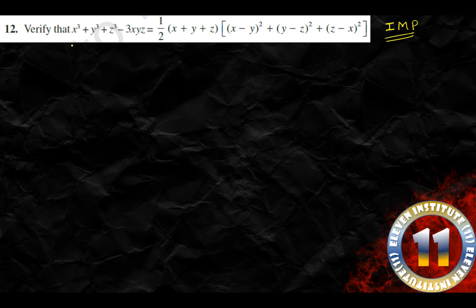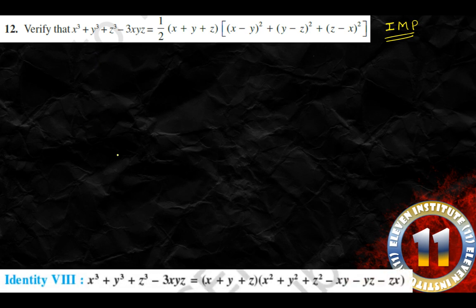So we have to prove that x cube plus y cube plus z cube minus 3xyz is equal to this much. Right, now the right side is not familiar to us, but this left side is definitely familiar to us because we know that this is part of some identity. Right, you can see x cube plus y cube plus z cube minus 3xyz is equal to this much. So this is left hand side, this is right hand side. We have to obtain this right hand side from this left hand side.